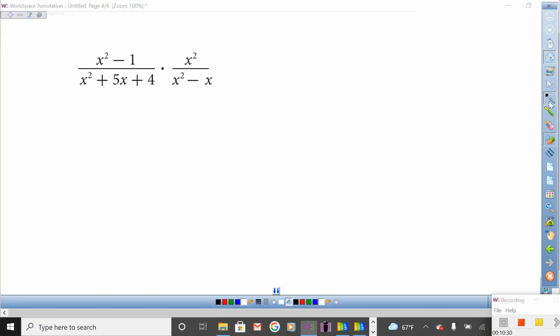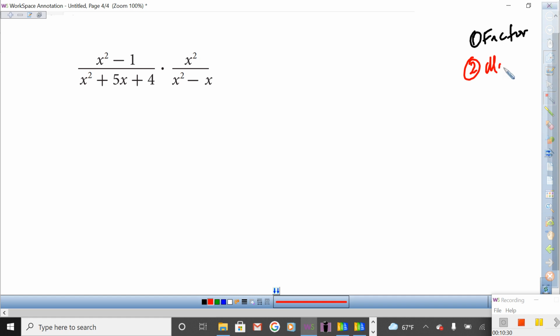The process that I gave you for multiplication starts with step 1, which is to factor. Is that correct? And factor completely. The whole thing, not just the numerators, the whole thing. Step 2, we multiply. And step 3 is the giant ones, yes? Simple 3 steps. Boom, boom, boom.